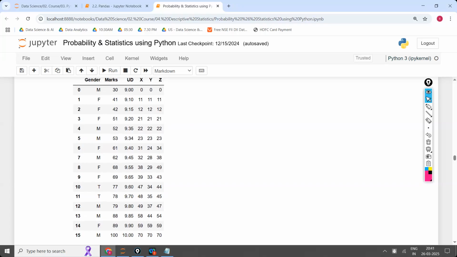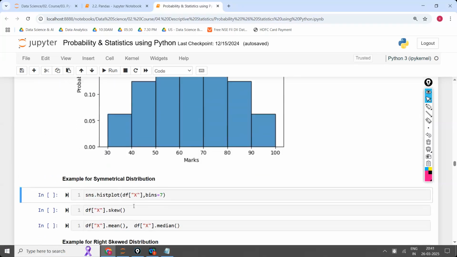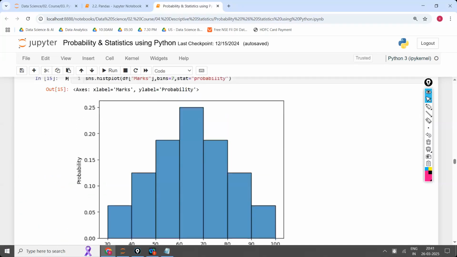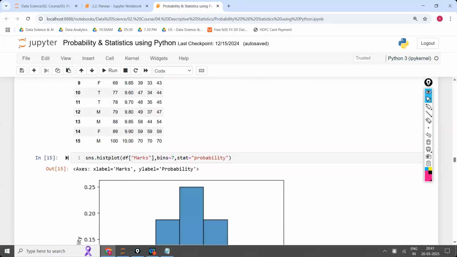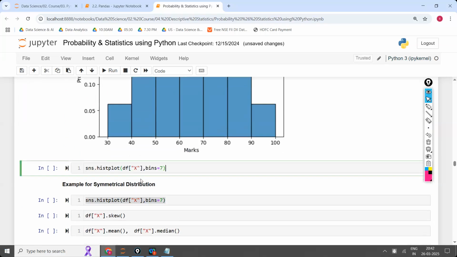Done? So this is the histogram I am drawing here by considering the UD column. sns.histplot of UD and number of bins equal to 4.